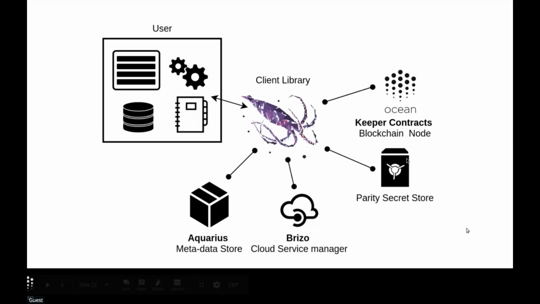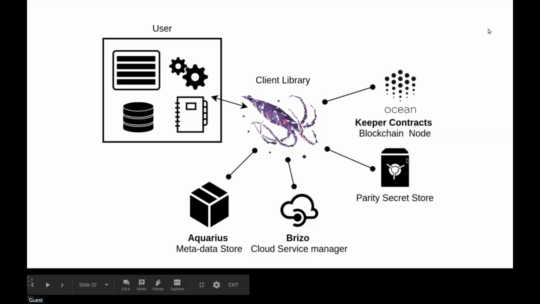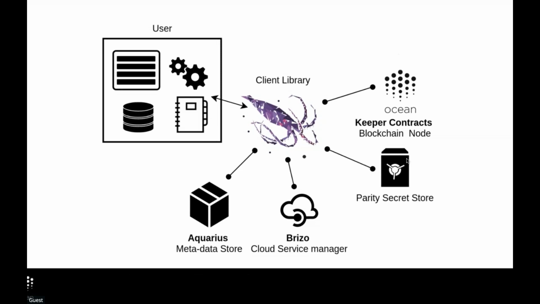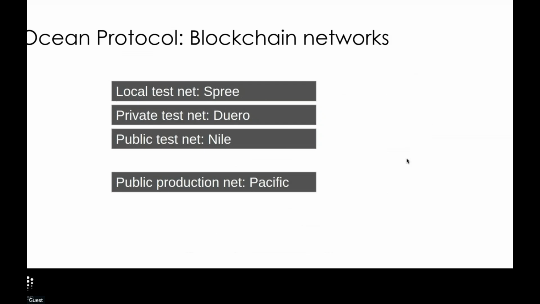The other most important and underlying component is, of course, the entire blockchain network itself. We have several different networks. For testing, we have a local testnet, which can be instantiated and run from Docker very easily with a single script.